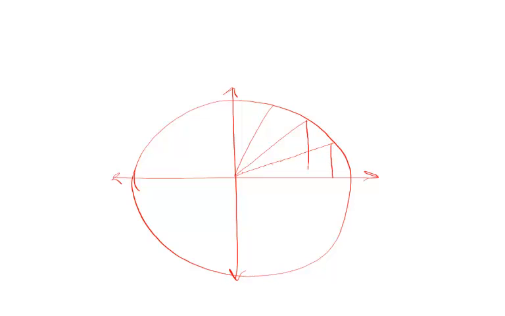I'll just draw all of those right triangles. There's a right triangle with a 30-degree measure. There's a right triangle with a 45-degree measure. And there's a right triangle with a 60-degree angle measure.